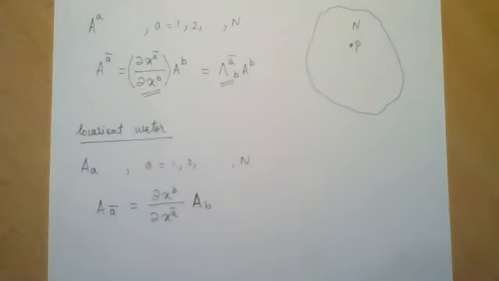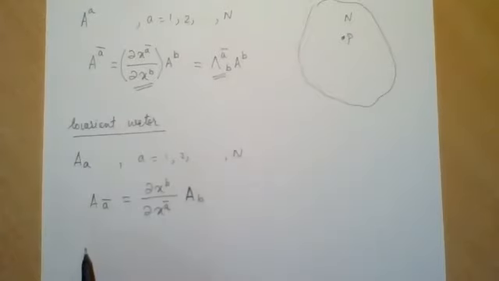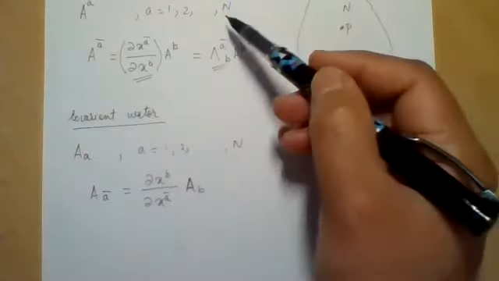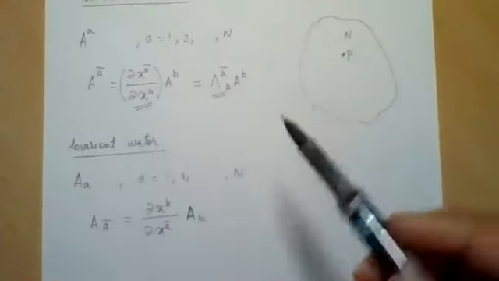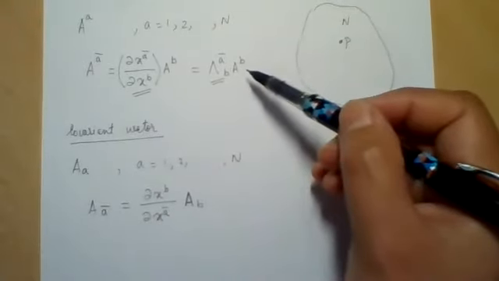So under a change of coordinates from the unbarred system to the barred system, if the components of the object transform according to this rule, then we say these are the components of a covariant vector.